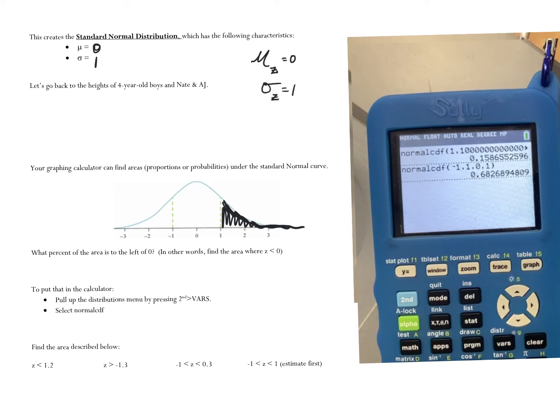Go ahead and hit enter. And we got 0.158. Are we good with the approximation being 16%? Yeah. Everybody good? Okay. And what would we expect if we did between -1 and +1? What would we expect that answer to be?